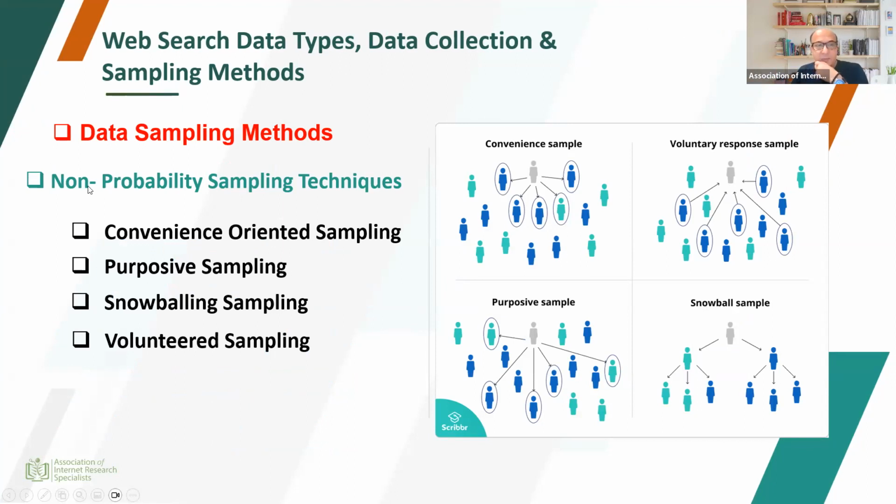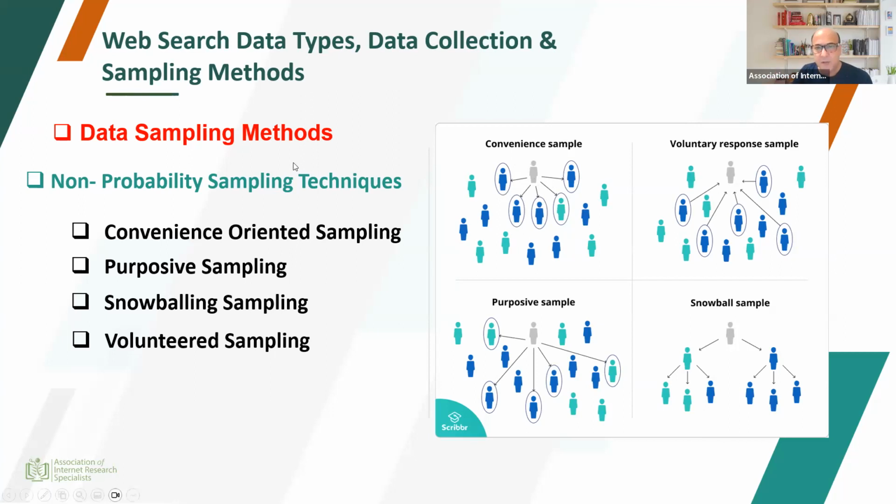Then we have non-probability sampling. The first one described in this diagram, I think, is easy to understand. Here, one individual would ask others to find the sample within the group.